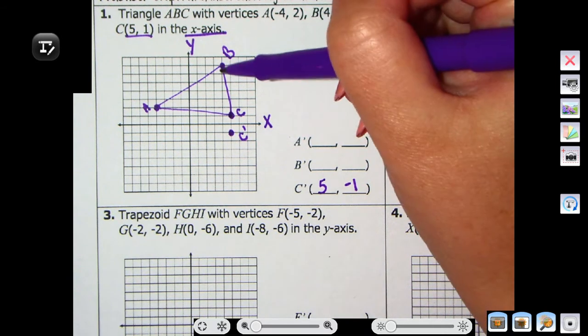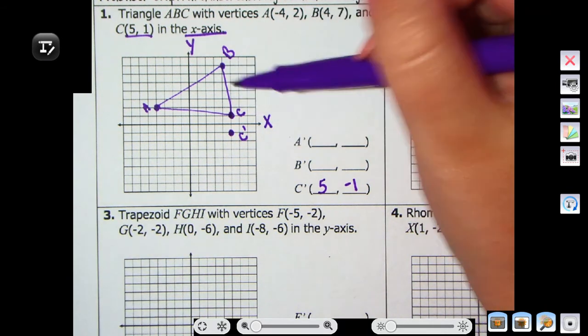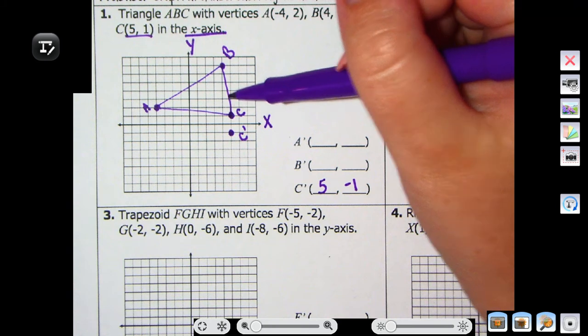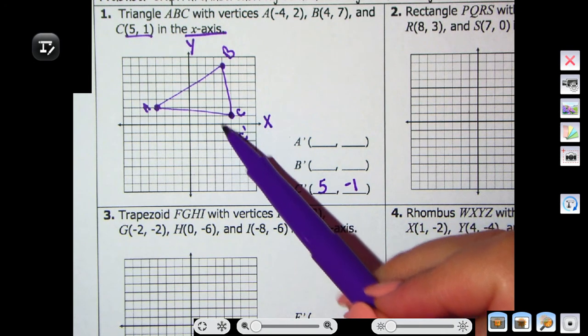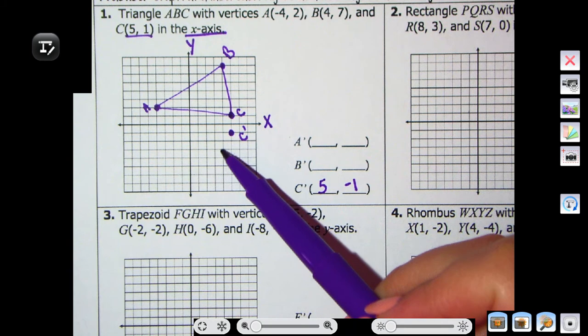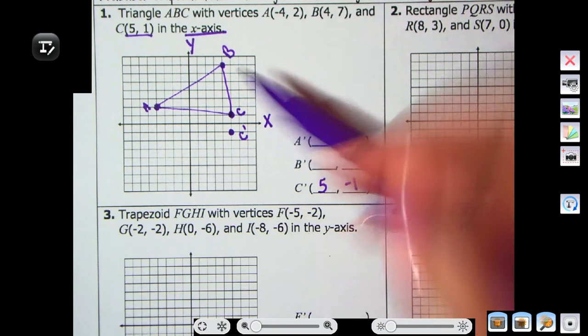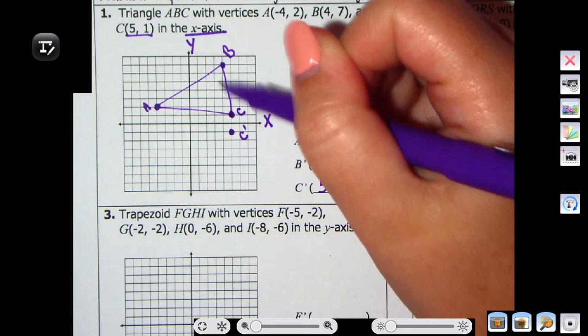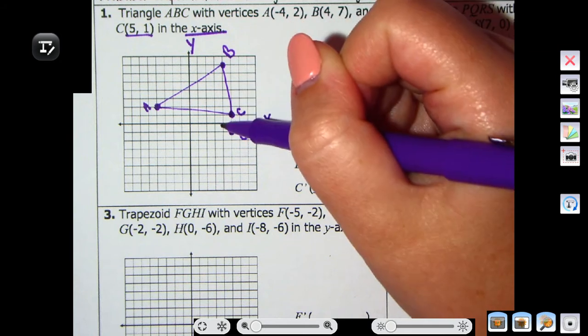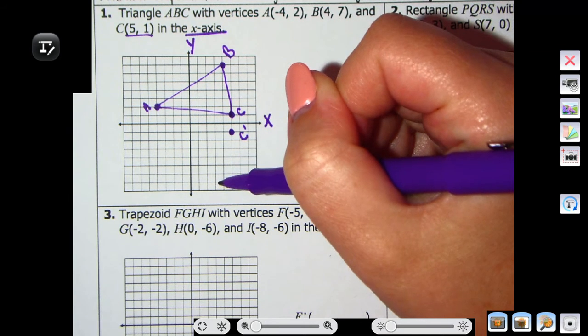So the same thing's going to happen with B. It's going to stay on the x value 4, but it's going to come all the way down to -7 instead. Notice how it's 7 units from the x-axis, so it's also going to be 7 units on this side, just down.